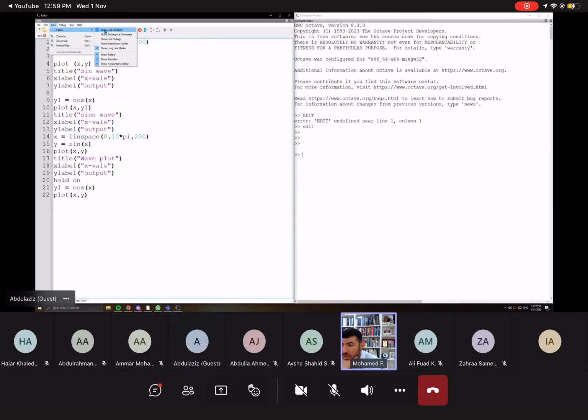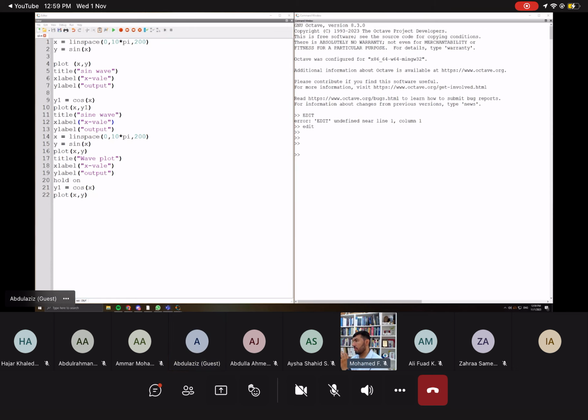It's correct. It's correct, but you know, I'll tell you what's happening. I know what's happening exactly. There is a folder for Octave, and in that folder there is a lot of functions. So whenever you write something and you run it, it goes to that folder and searches for the command that you have written.